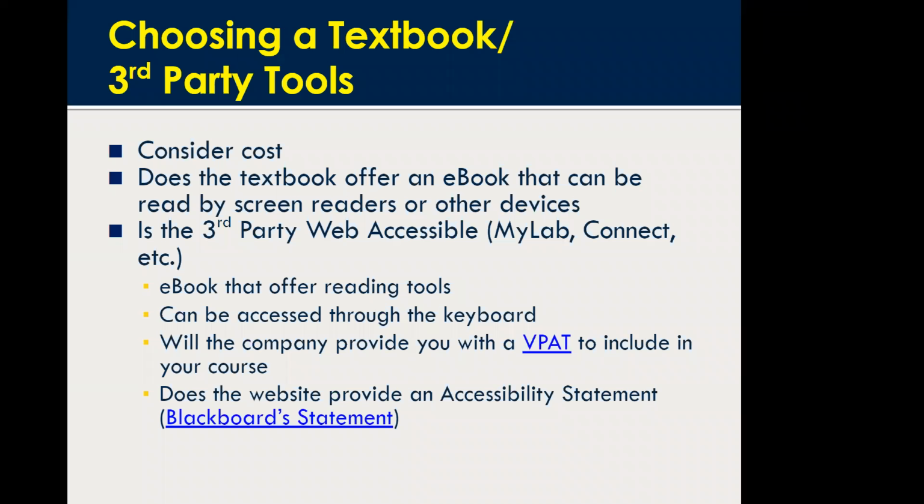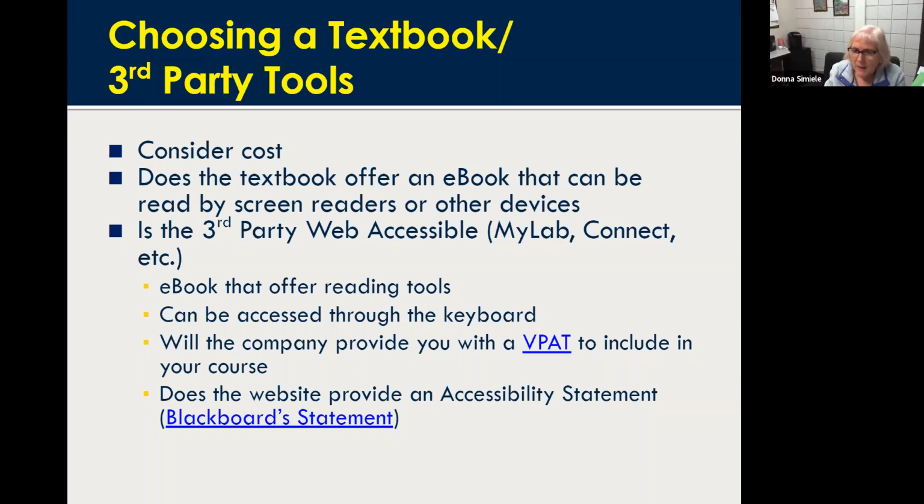One of the things that we also recommend is having the accessibility statements for any third-party content that we're using in our courses. So I have an accessibility statement for Blackboard right now, and then I'll add the Brightspace to my courses.